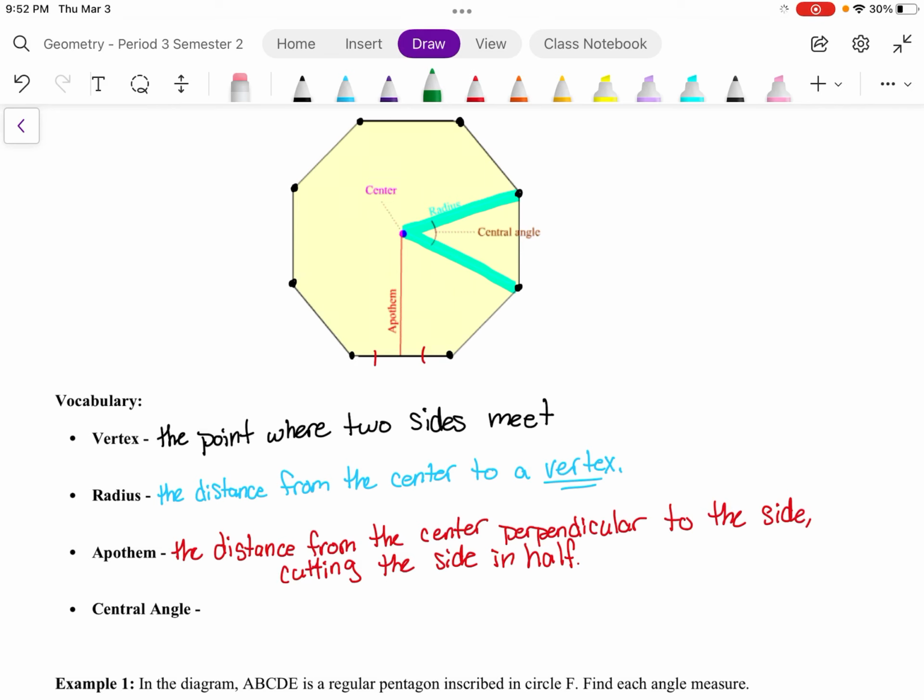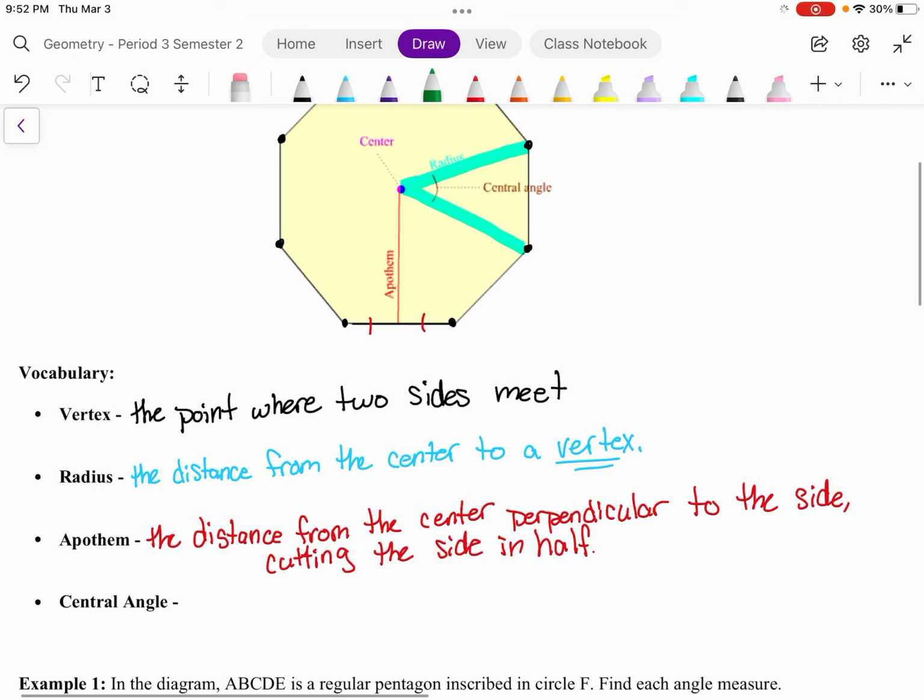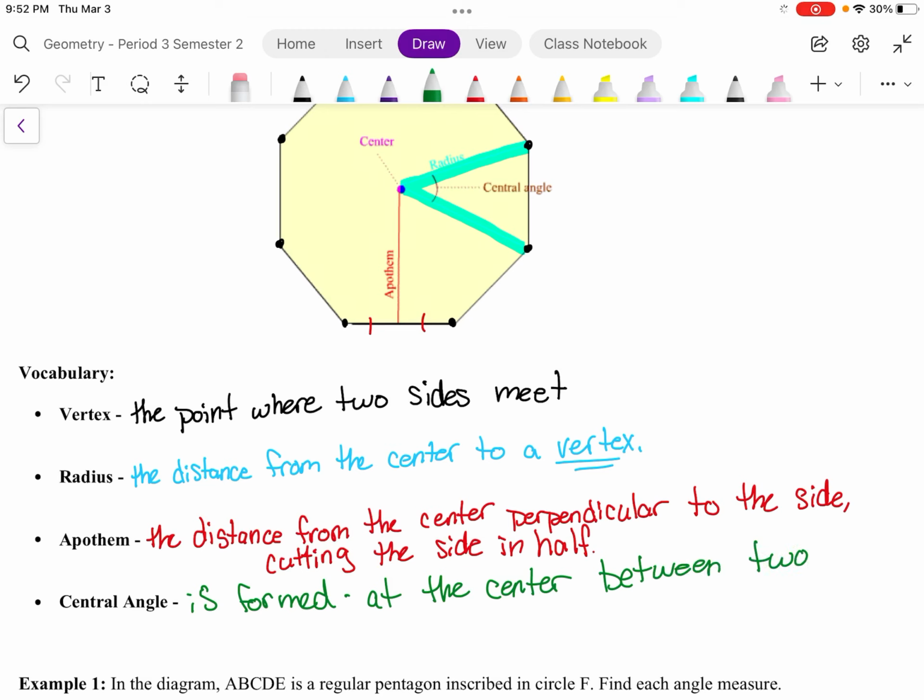And the last vocabulary word is central angle. And the central angle is formed at the center between two consecutive radiuses.